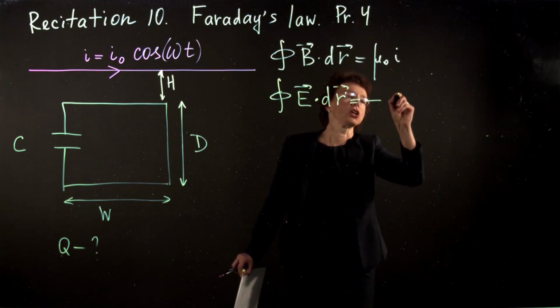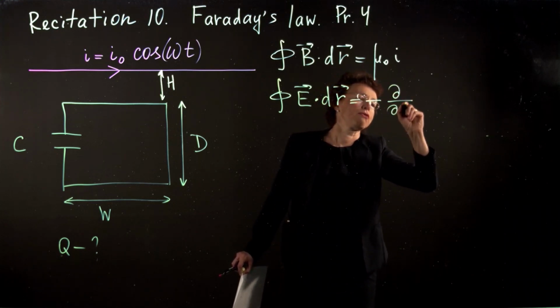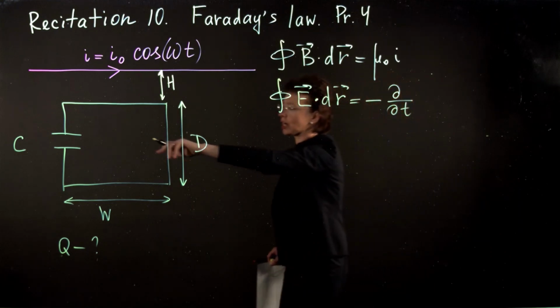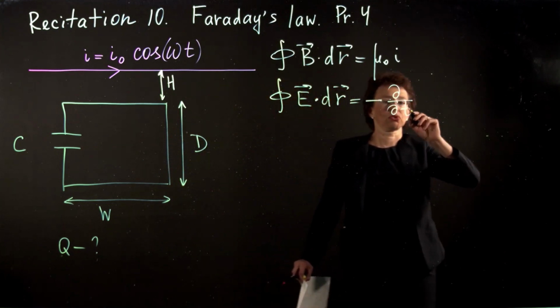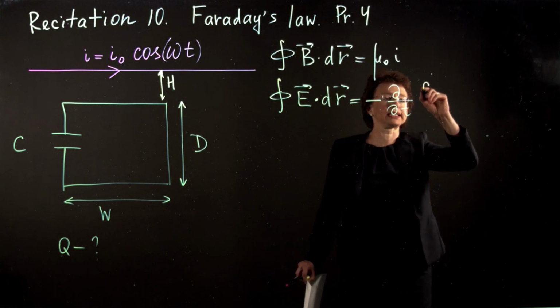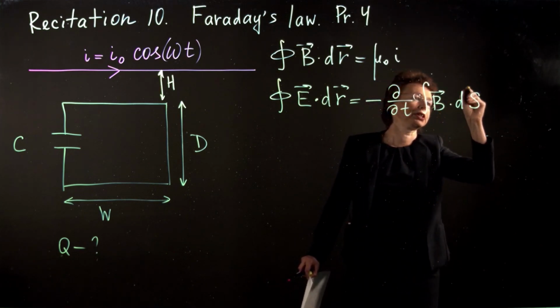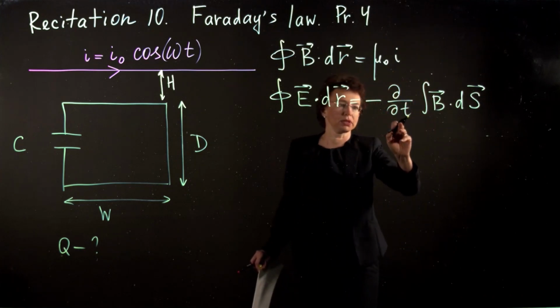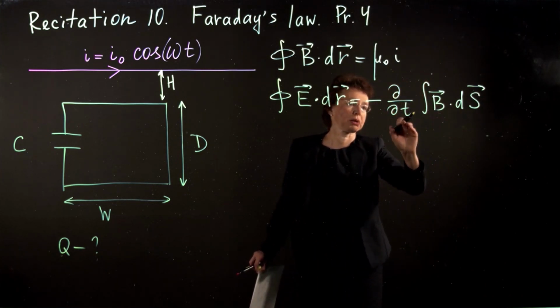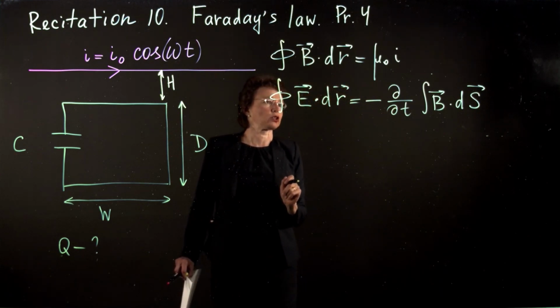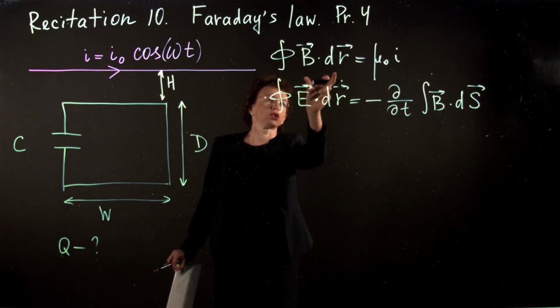So we will also use Faraday's law to find out the charge on the top plate of this capacitor. It is minus d dt integral B dot ds, the change of the flux of the magnetic field in time, and minus comes from Lenz's law. All right, so let's follow the steps.